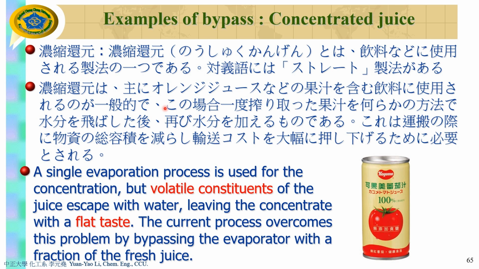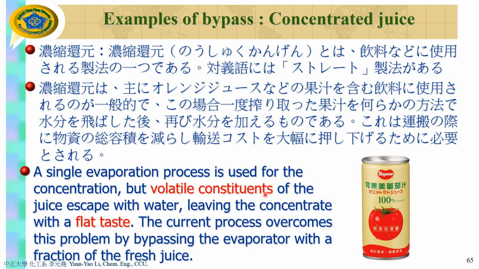But they find something, because once they vaporize water from the fresh juice, they also vaporize some small molecules, the very good-smelling molecules, the flavors. Once you lose this flavor, it will have a flat taste.